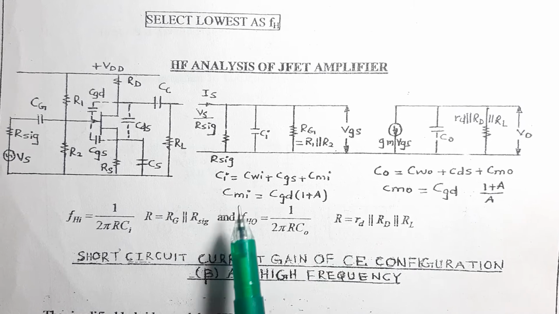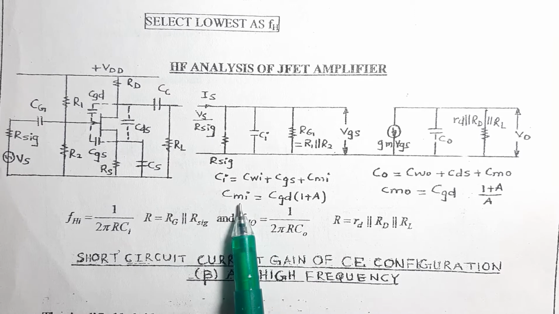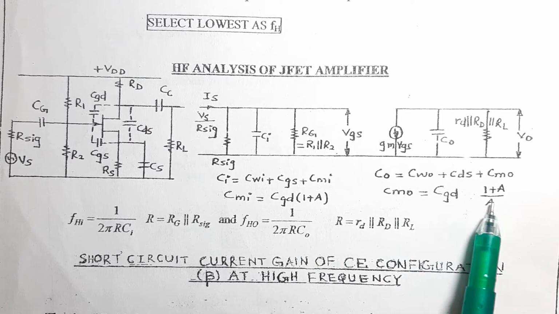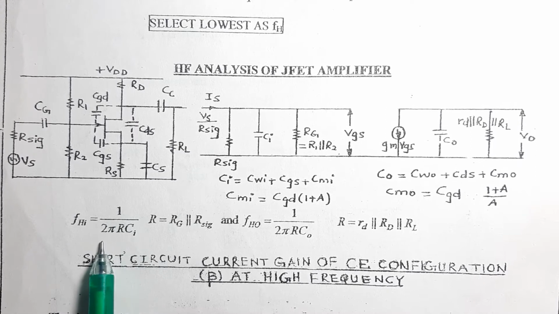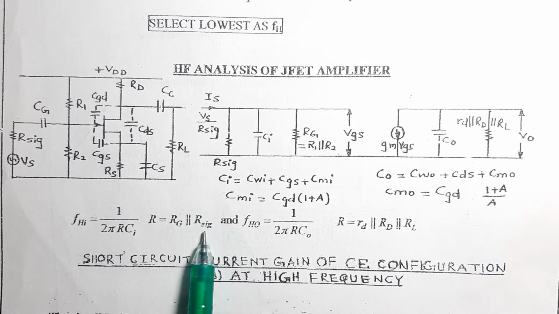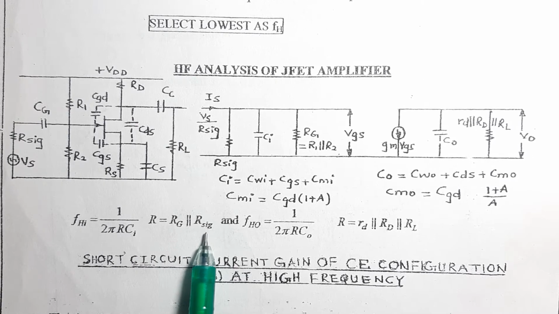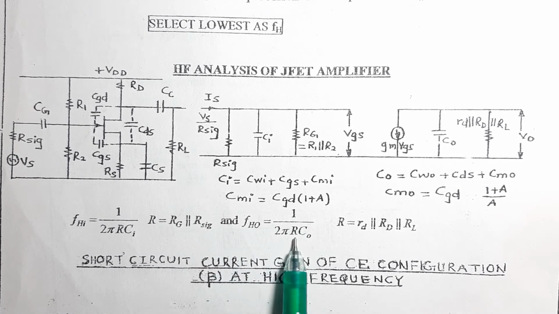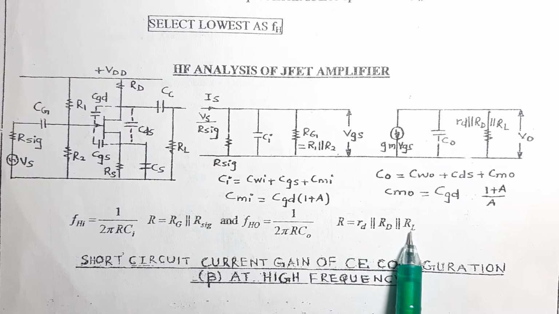Now your CMI is calculated as CGD into 1 plus A, or the voltage gain, and CMO is given as CGD into 1 plus 1 upon A. Now your FHI is calculated as 1 upon 2 pi RCI, where your R is calculated as RG parallel RSIG, at the gate input. Now FHO is written as 1 upon 2 pi RCO, where your R is nothing but small rd parallel capital RD parallel your RL.